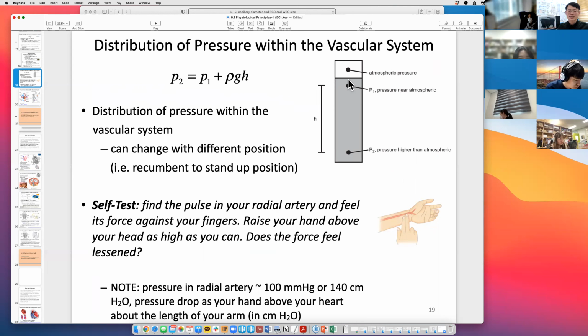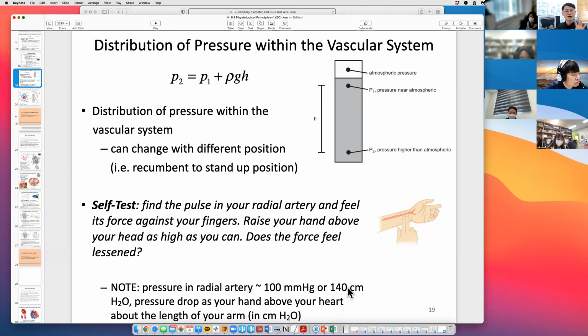The reason is that your arm's ups and downs span about, let's say, 1 meter. In the radial artery, the pressure is by itself 100 millimeters Hg, or in terms of water column, 140 centimeters. Your arm from lower to higher is almost 1 meter, which is comparable.